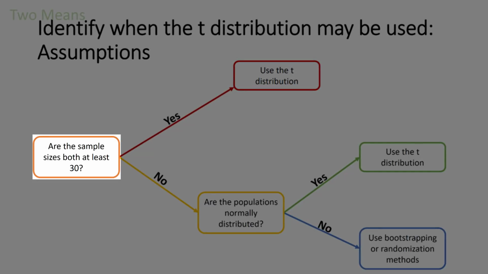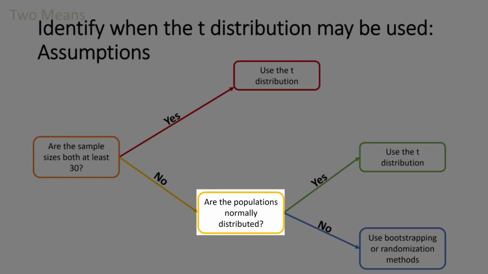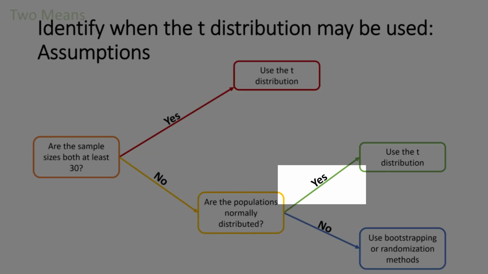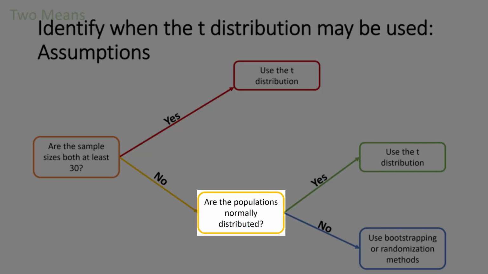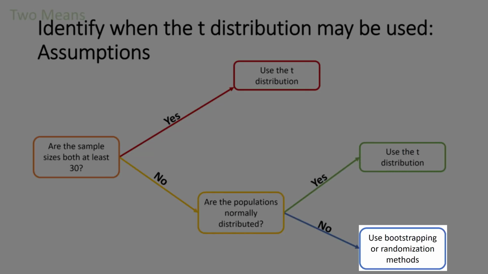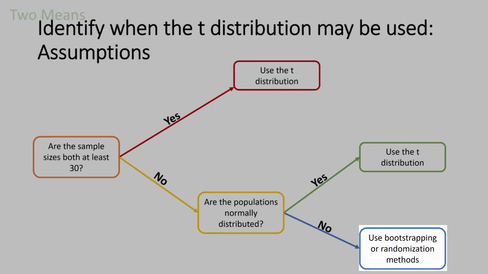But if one or both samples are less than 30, you need to ask a second question. Are the populations normally distributed? If yes, then you can use the t-distribution. If no, then you should use the bootstrapping or randomization methods that we covered in lessons 4 and 5.